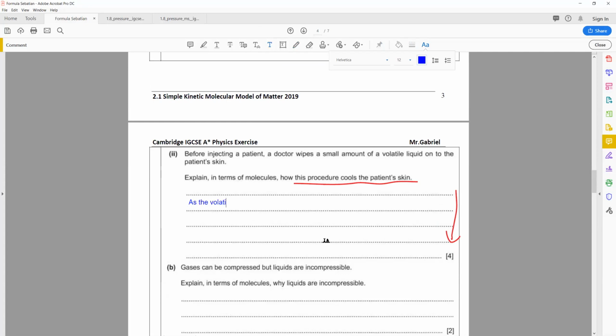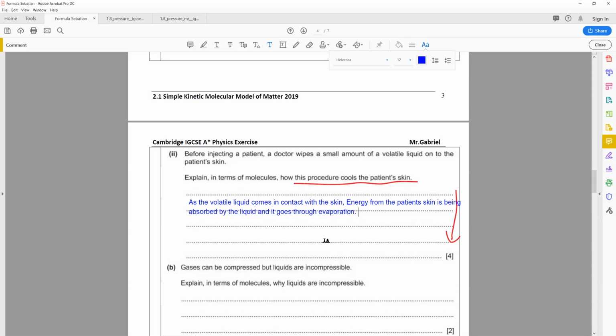As the volatile liquid comes in contact with skin, energy from the patient's skin is being absorbed through evaporation.